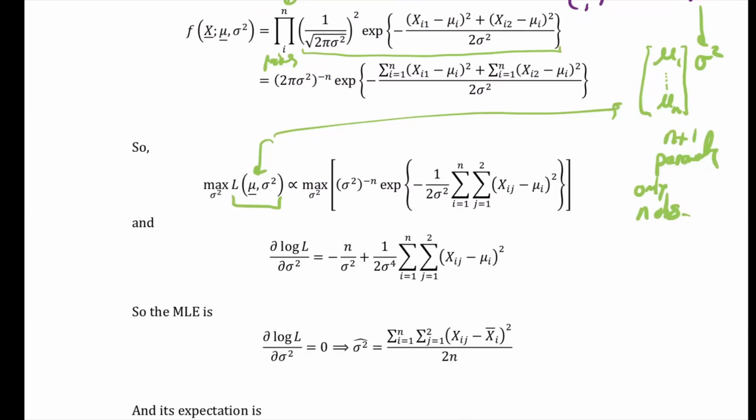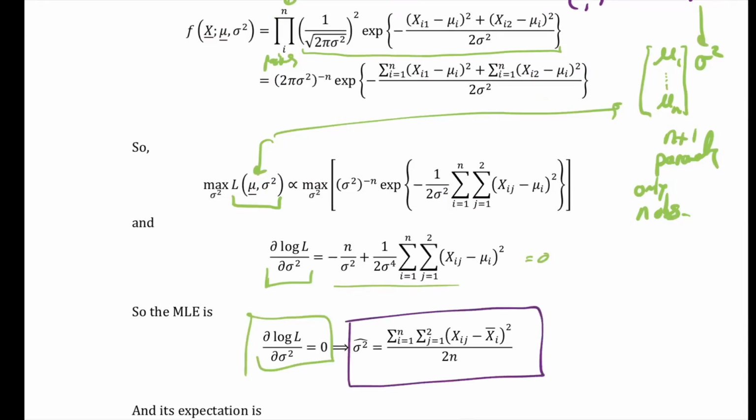And so it turns out that the derivative of the log likelihood with respect to sigma squared is equal to this thing. And so all I'm going to do is set that thing equal to 0 here. And what that means is I get a maximum likelihood estimator that looks like this. And this should look pretty familiar, right? This is basically the sum from i equals 1 to n, and then there's a 1 over n out front.